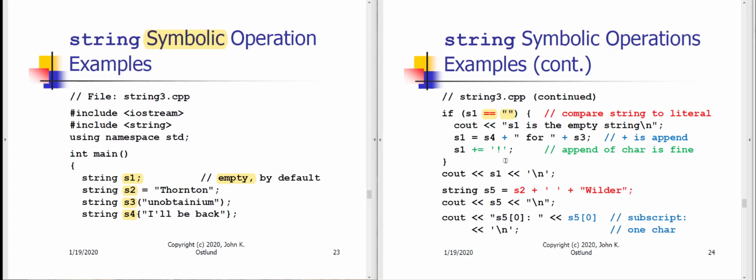It's perfectly valid in the C++ standard library's string class to compare the value of a string object with the value of a string literal. And indeed, S1 is empty. S1 is equal to the empty string at this point. So we're going to display that S1 is the empty string.